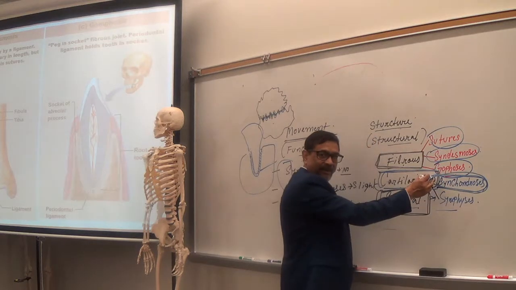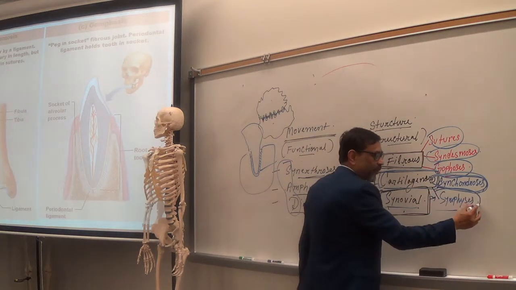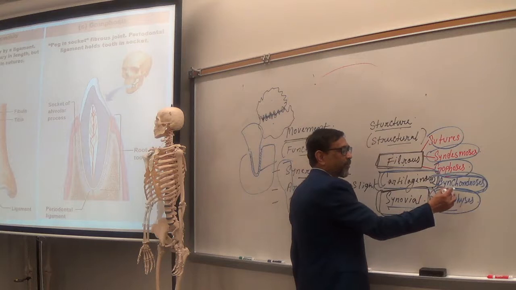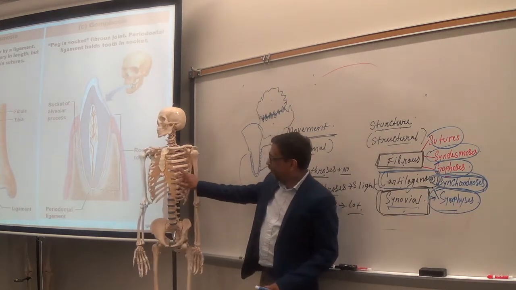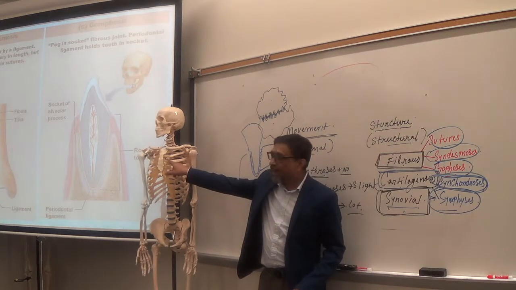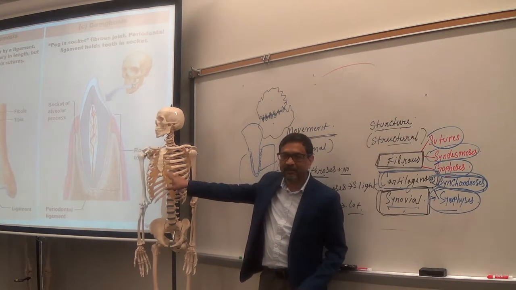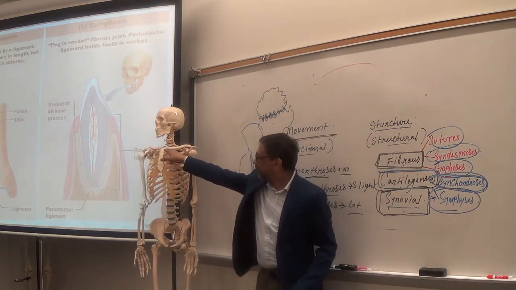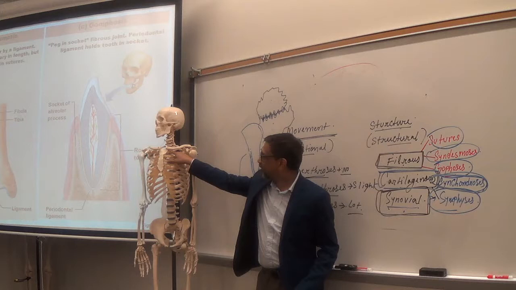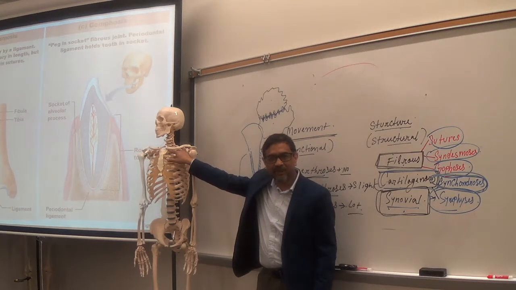Hyaline type cartilage, right? In case of symphysis, the bones are attached by fibrocartilage. Example, you know that costal cartilages are hyaline cartilage, right? This is your first rib, this is the sternum, this is the hyaline cartilage, so this is synchondrosis, okay?